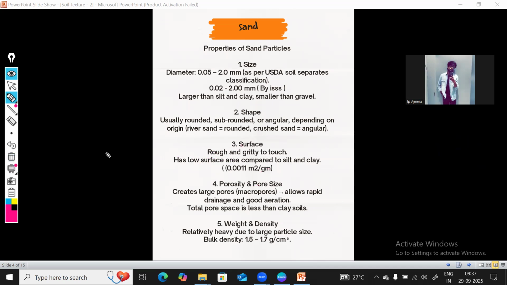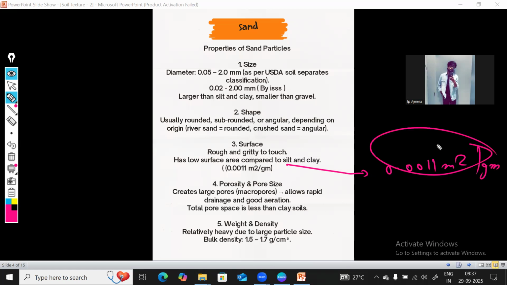What is the surface area of sand? The surface area of sand is 0.001 square meter per gram.